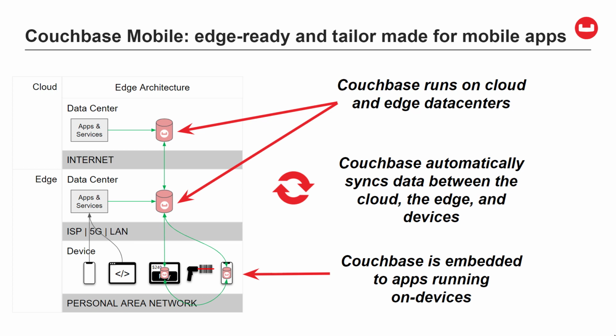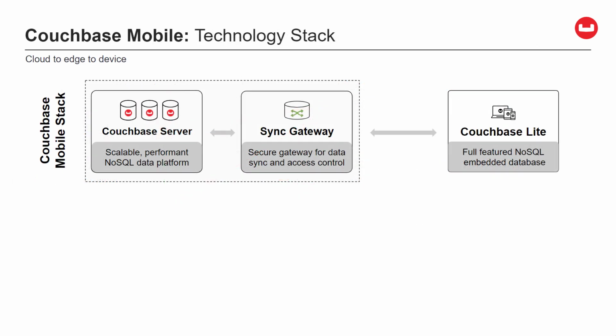The Couchbase Mobile product stack is made up of three foundational components: Couchbase Server, our flagship distributed NoSQL document database server with support for SQL, analytics, full-text search, and eventing. Couchbase Lite, which is the embeddable version of Couchbase for mobile and custom embedded devices.